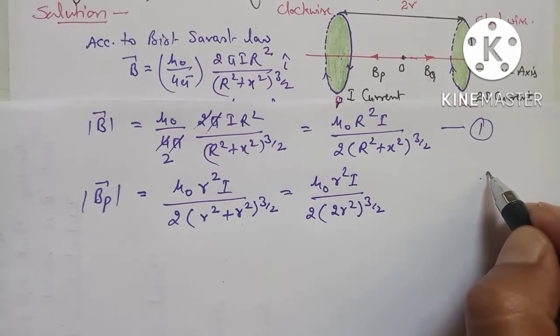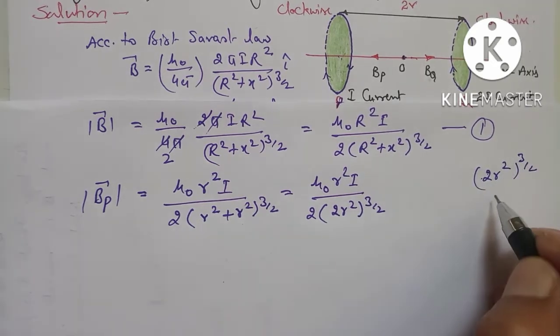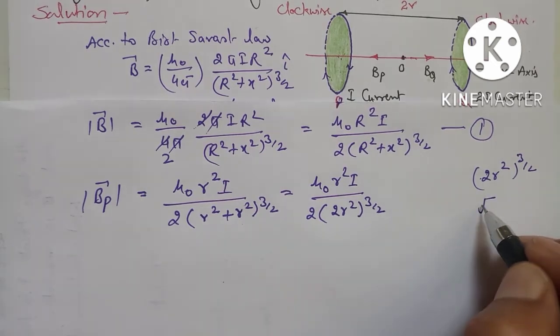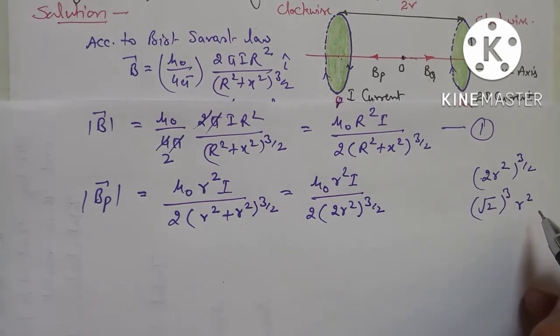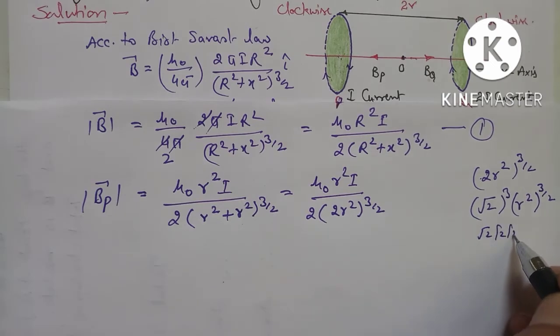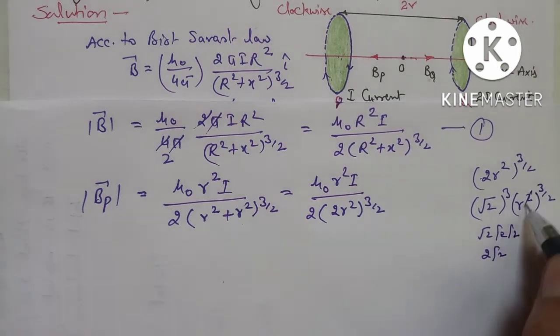When we solve, 2 r square raised to power 3 by 2 can be written as square root of 2 cubed times r square raised to power 3 by 2. Here root 2 multiplied by root 2 gives 2, so this becomes 2 root 2, and here the square cancels the square, so we are left with r cube.